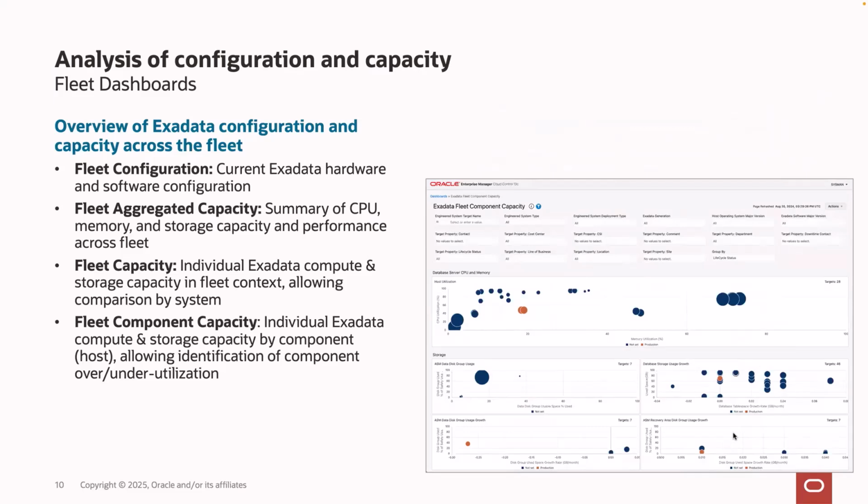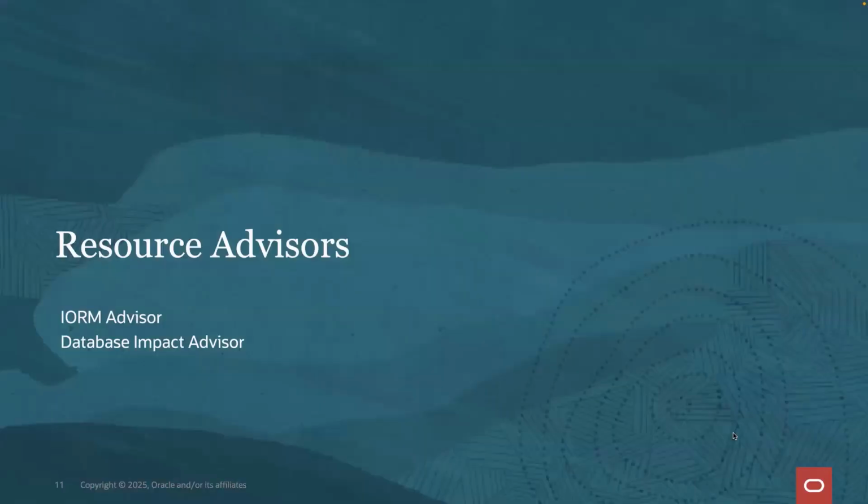I can then go into deeper depth and look at individual Exadata, which one is highly utilized, which one has capacity over, and then even go into fleet components. So I can look at individual nodes in the Exadata machine. 2 nodes may be highly utilized while 2 others are less utilized. And therefore, we can do the balancing and make sure that everything is structured in good ways.